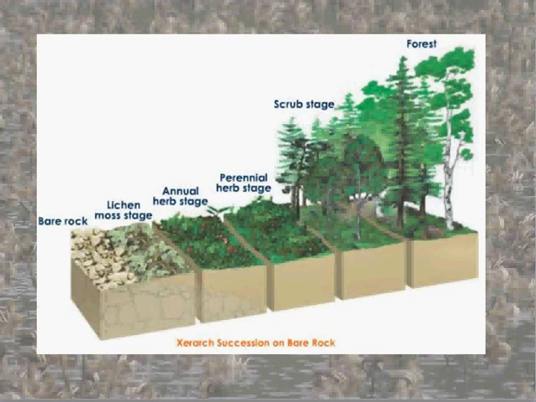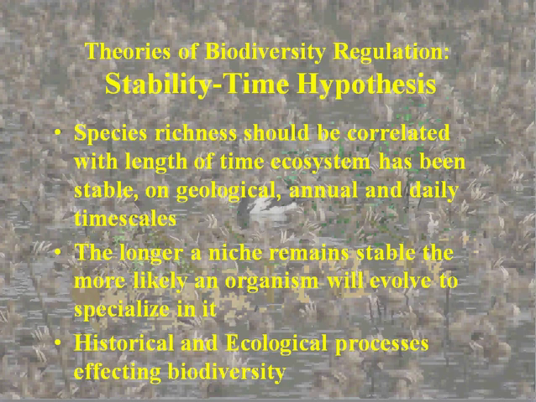Now I want to take a look at some of the theories which are used or invoked to explain why we get diversity in particular ecosystems, and also to explain why biodiversity is higher in some parts of the earth than in other parts.